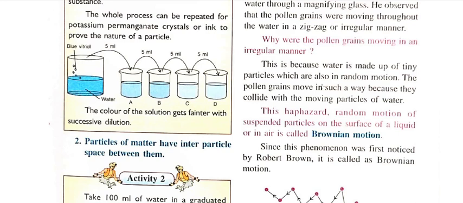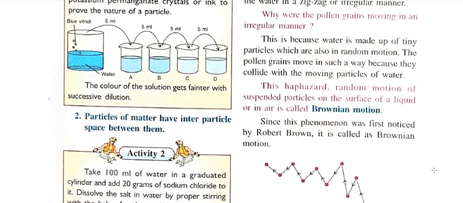The pollen grains moved in such a way that they collided with moving particles of water and a zigzag motion was formed. This apparent random motion of suspended particles in a liquid or in air is known as Brownian motion, and since it was first noticed by Robert Brown, it is also known as Brownian motion.